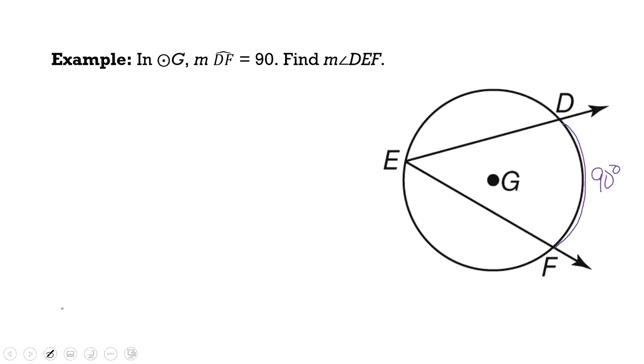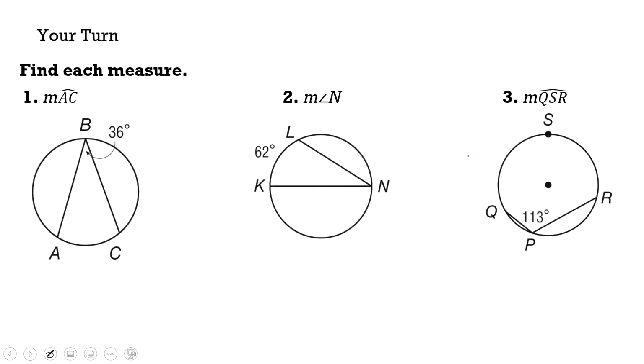We know that it's 1/2 of the arc measurement, so 1/2 of 90 degrees is going to be 45. So just remember, if you're given the arc, the inscribed angle is 1/2. If you're given the inscribed angle, the arc is twice. Make sense? Okay, here are some problems for you to work on. Go through and figure them out, enter the answers in the Edpuzzle, and then come back and check your work.